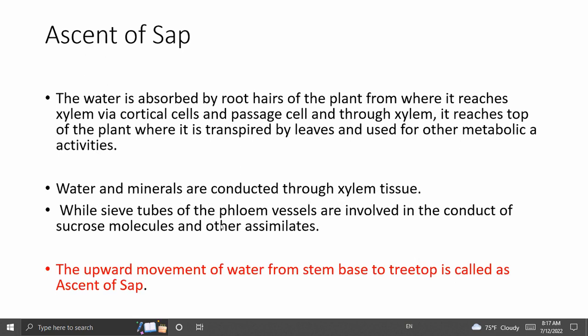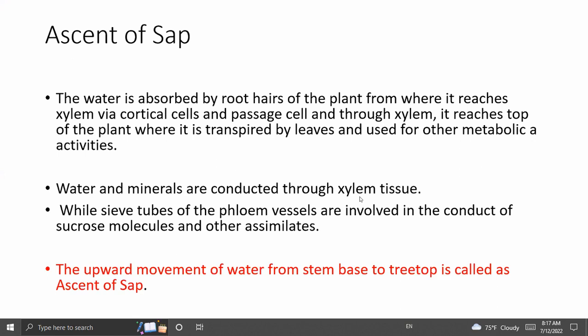Then phloem vessels are involved in conduction of sucrose molecules and other assimilates. Photosynthetic assimilates and the sucrose go up via phloem cells. But water and minerals are through xylem cells.